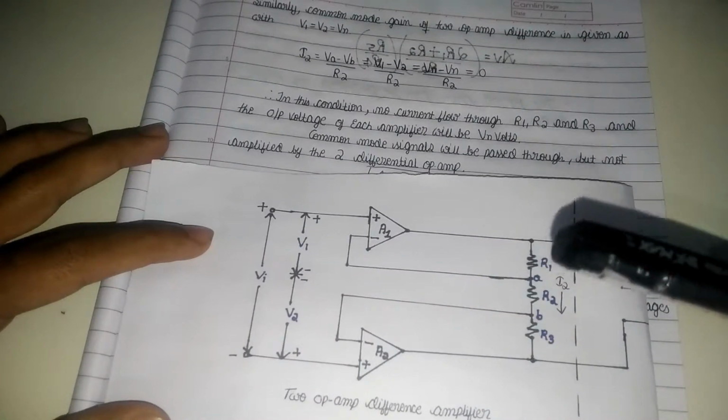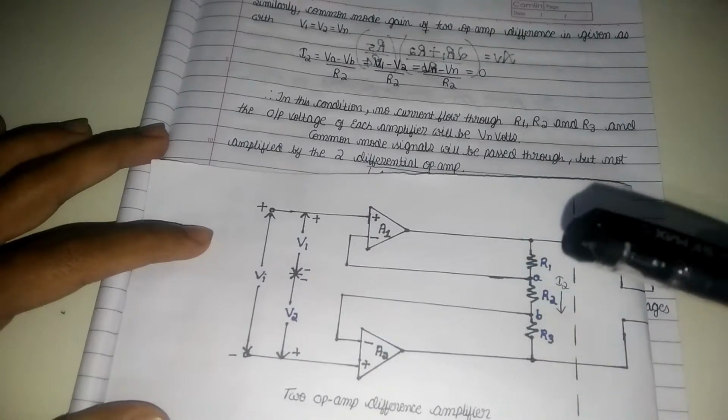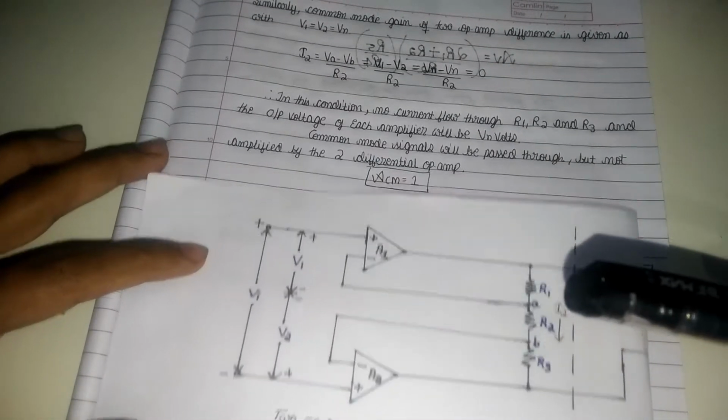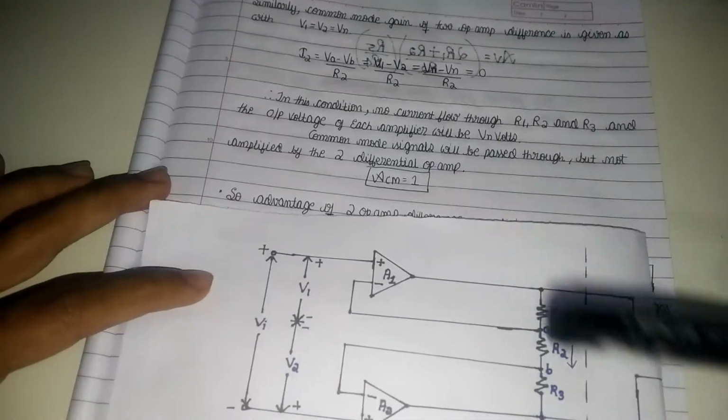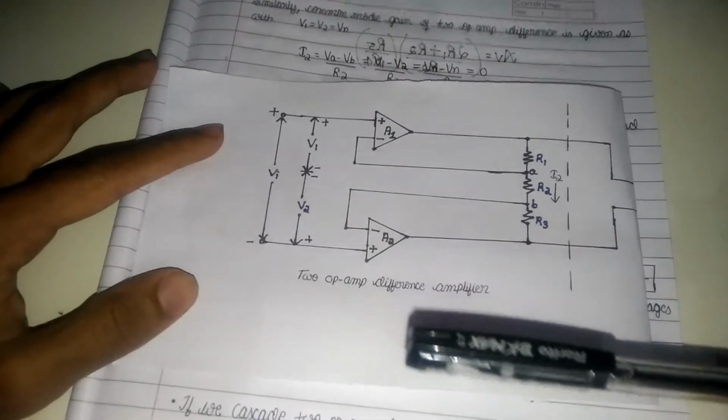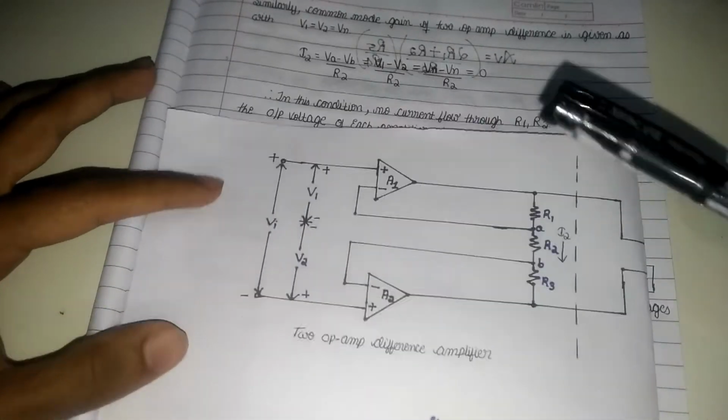Therefore the common mode signals will pass through these resistances, but they are not amplified by these op amps. Therefore the common mode gain in the two op amp difference amplifier is 1.